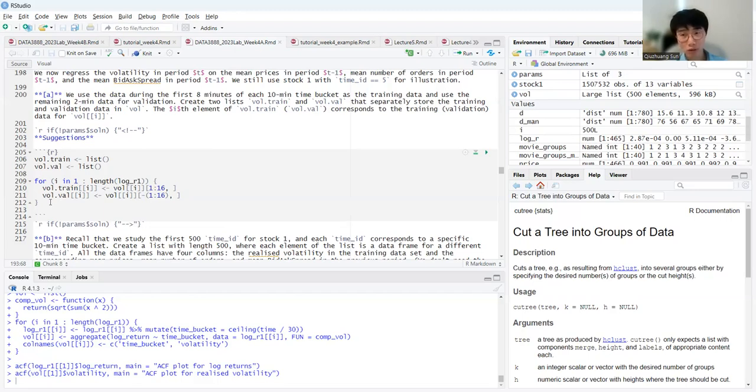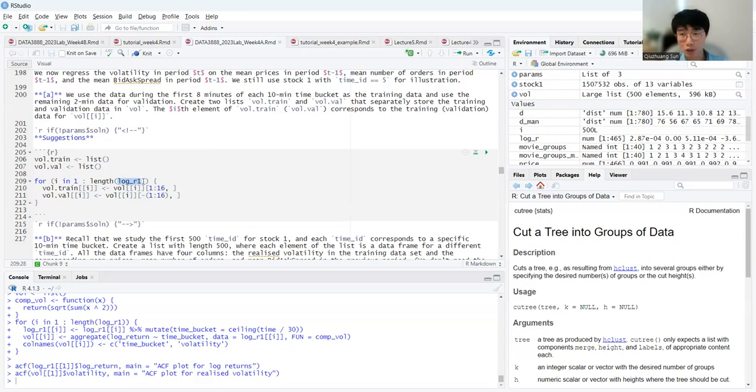Later on, we will also use this training data set, and the remaining 20% of the data set is used as the testing data set or validation data set. So I just say for a time series, I extract the first 80% of the data set as the training data set, and the remaining 20% is the validation data set. So this code essentially says, for each time ID.